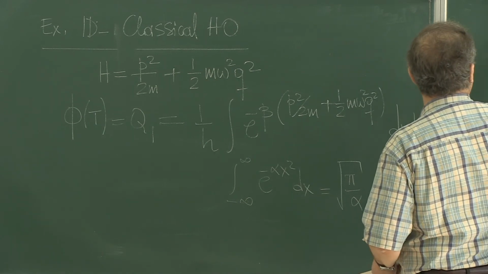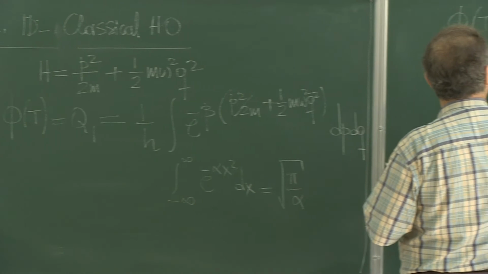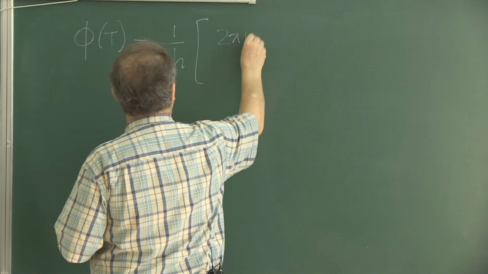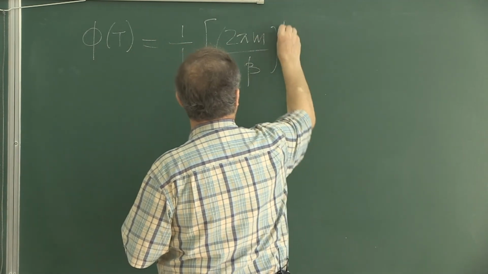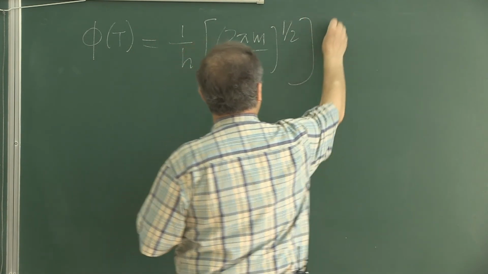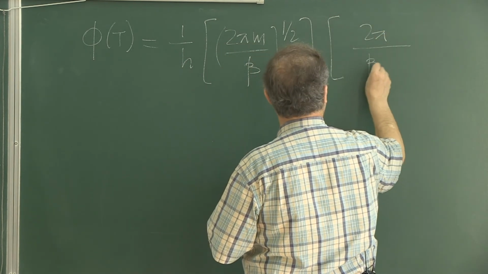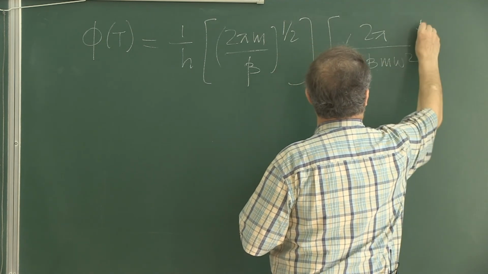So in this case, phi of t is 1/h times square root of 2 pi m over beta, to the power of 1/2, times 2 pi over beta m omega squared, to the power 1/2.